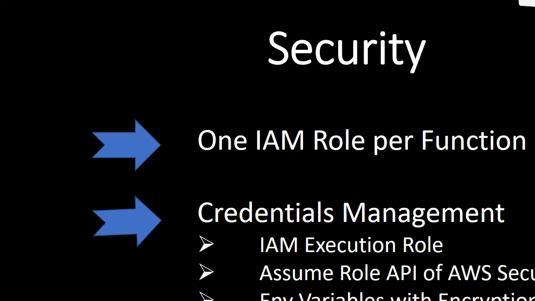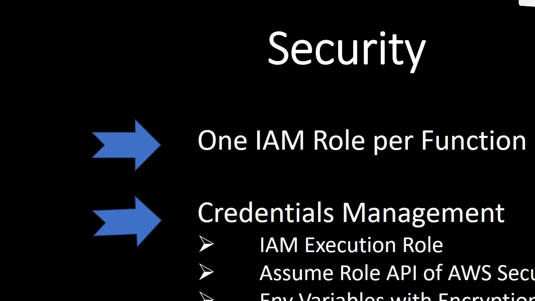The second one is credential management. So in most cases, the IAM execution role itself should be sufficient to connect your Lambda function to other AWS resources. You just need to use the AWS SDK without providing the secret credentials in the code.